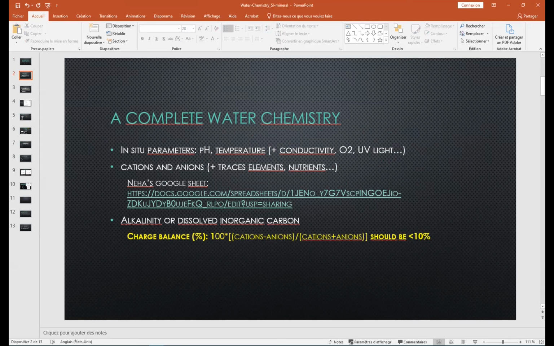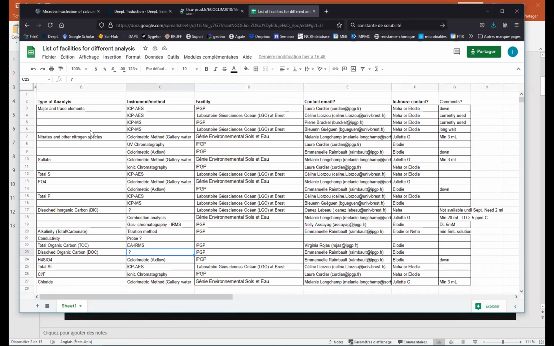So NEA did a really interesting Google sheet, which is here, where you can find all the methods you can use to analyze all the elements of a solution, the principal contact of the person who is in charge of this, and other information.